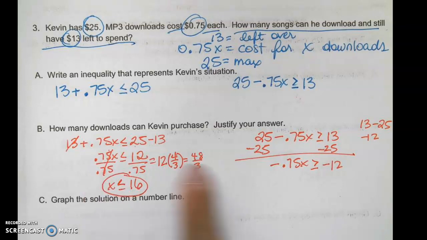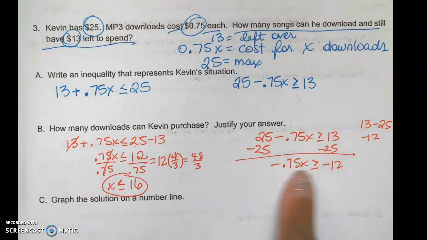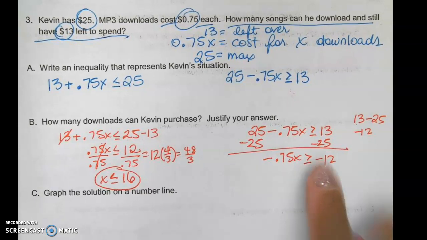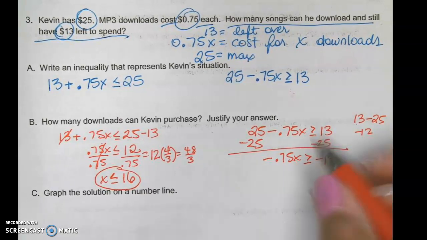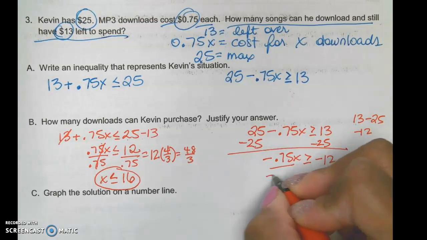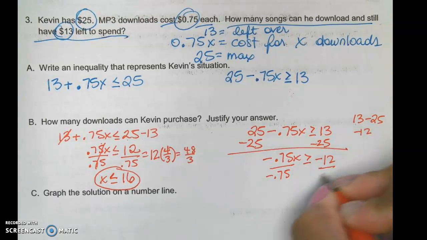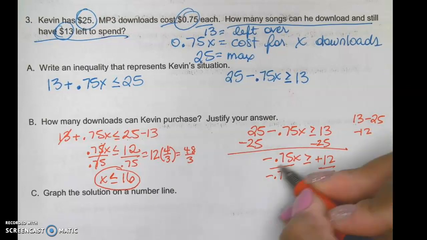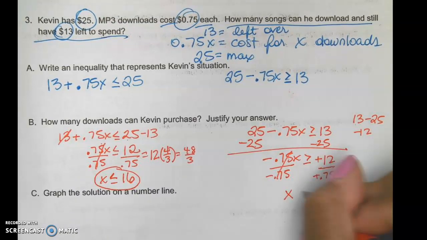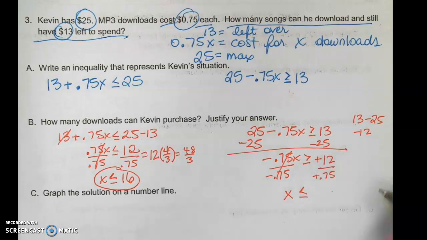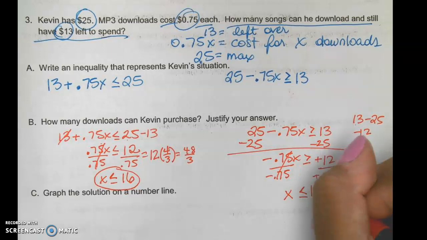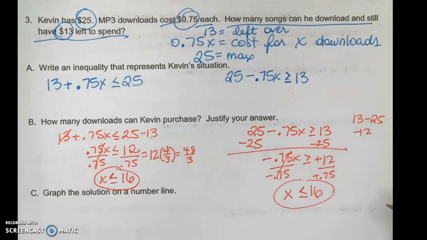I got the same thing that I had here, except because this is a negative number, guess what's going to happen to my inequality? It's going to turn around. So divide by negative 0.75, divide by negative 0.75. A negative divided by a negative makes it a positive, and then these cancel out. X, my sign turns around, is less than or equal to 16, the same thing as this right here.